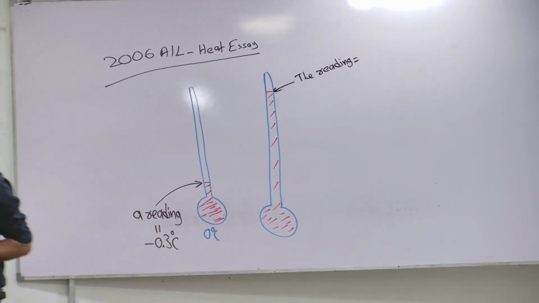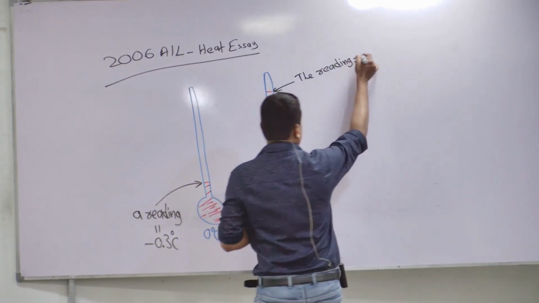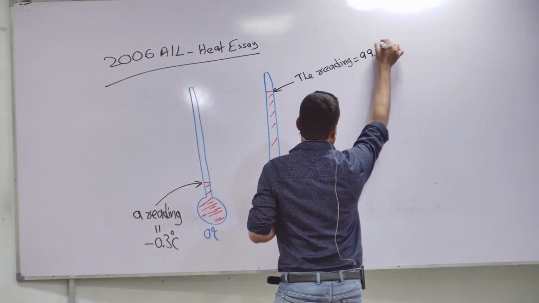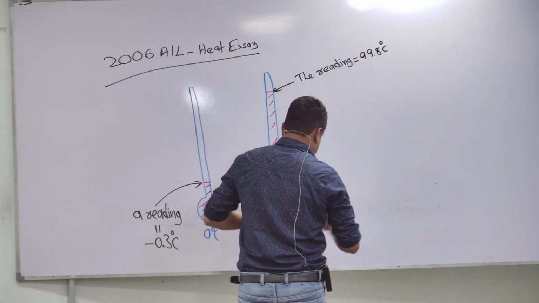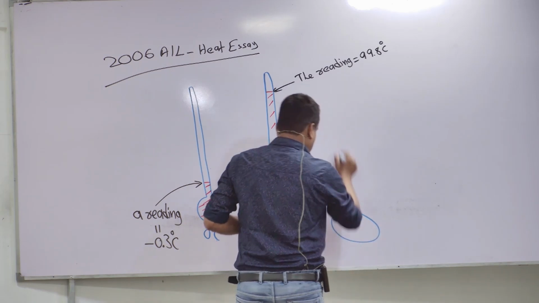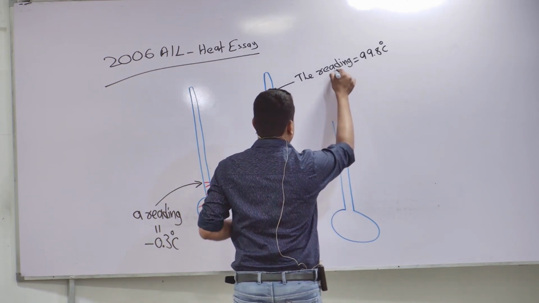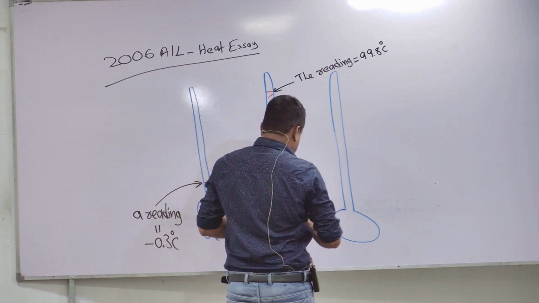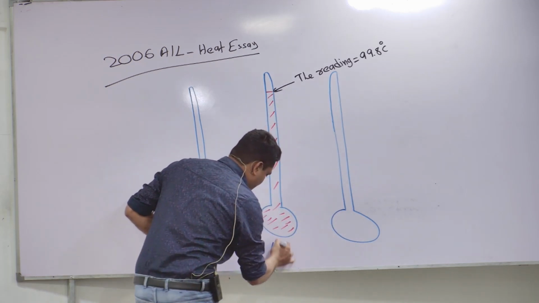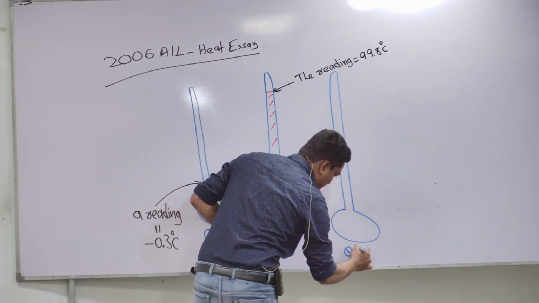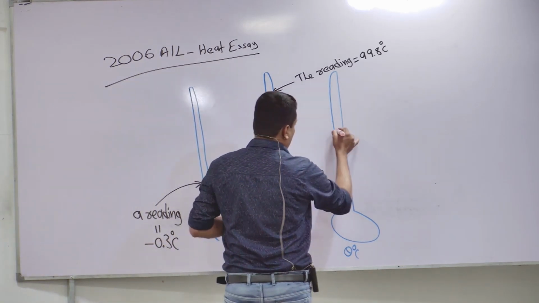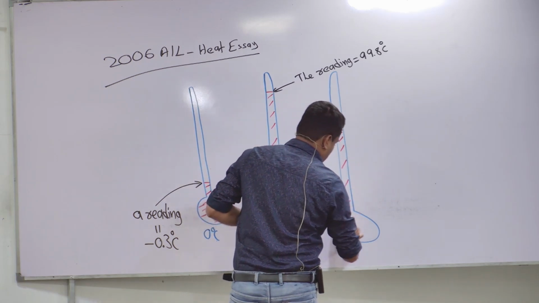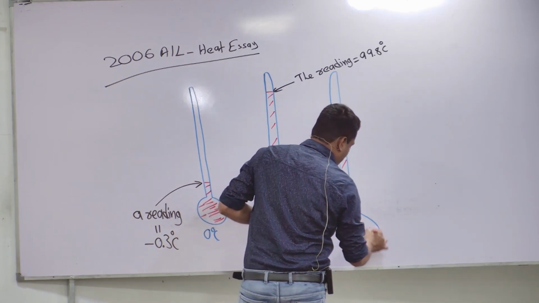The reading is 99.8. When the thermometer is kept at a temperature of theta degree Celsius, it shows a reading of 40 degrees Celsius. Am I right, dear?